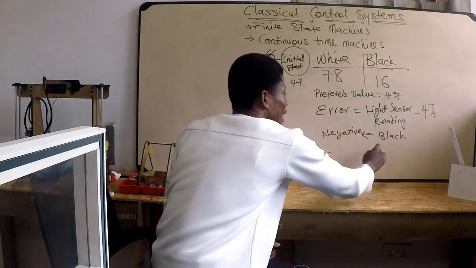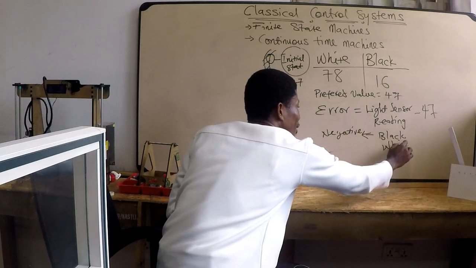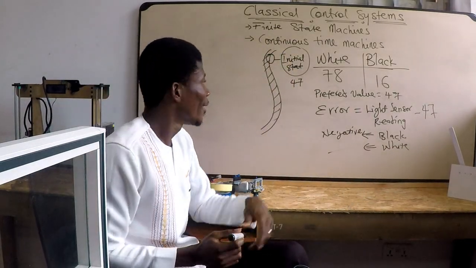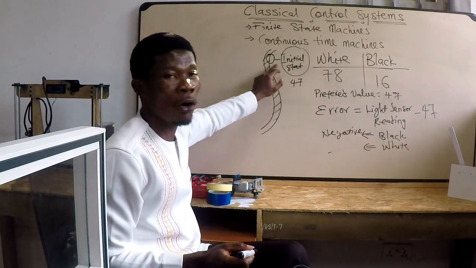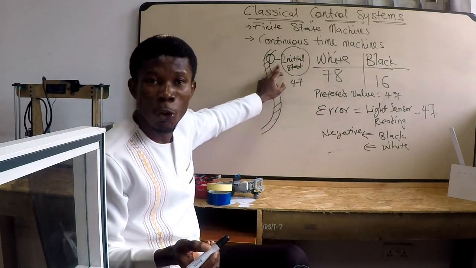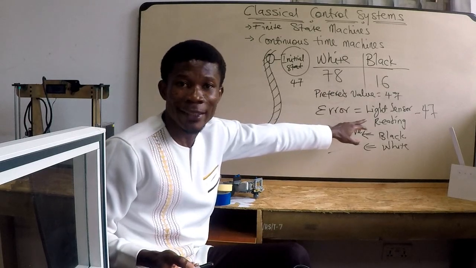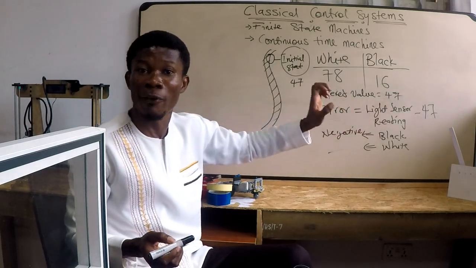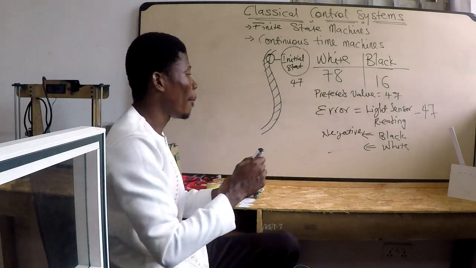And if the light sensor drifts into the white, what happens? Your guess is as good as mine. Because white surfaces reflect more light, we are going to have a higher value from the light sensor, a value higher than 47. And when we subtract 47 from a value higher than 47, we have a positive error.